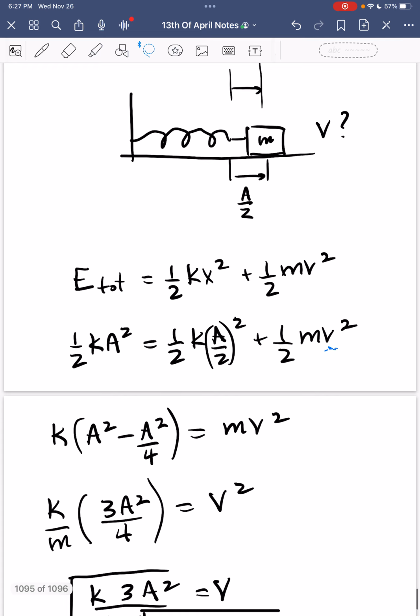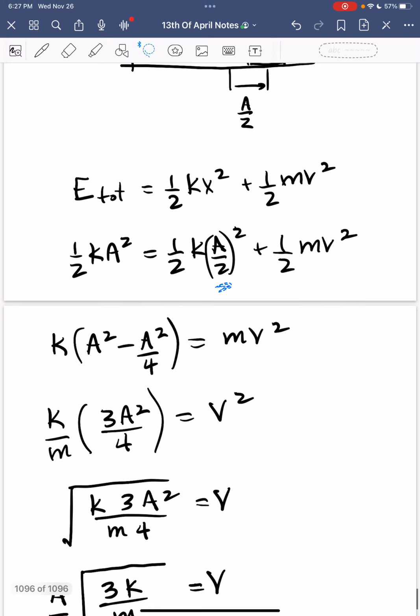So we do that. I notice that there's a 1/2 everywhere, so we cancel the 1/2 everywhere. And then I subtract (A over 2) quantity squared from both sides and I get on the left-hand side k times A squared minus A squared over 4, because that's just (A over 2) quantity squared, and then that leaves mv squared. Remember, we got rid of the 1/2.